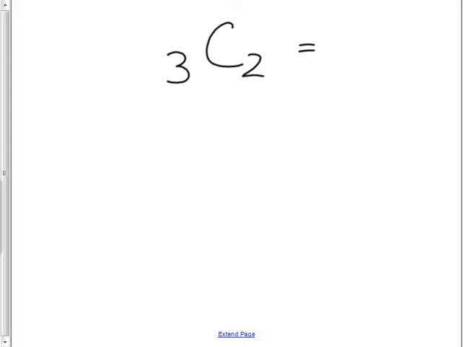Okay, so it's 3 factorial over, does that ring a bell? What do you do with the numbers now? There is a 2 factorial in it.